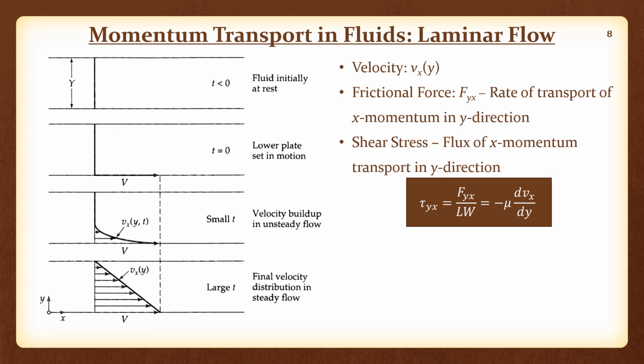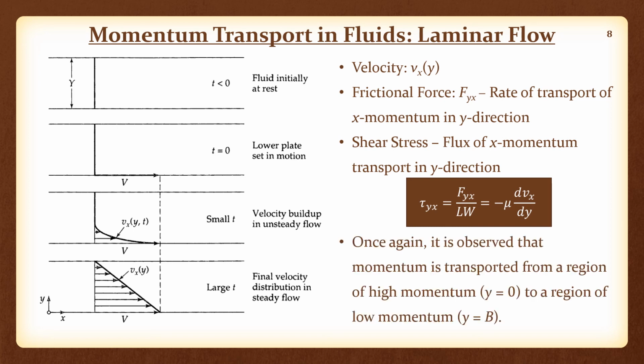That would be the velocity gradient, and the proportionality constant between the molecular momentum flux in the y direction and the rate of change of x momentum in the y direction would be the coefficient of viscosity. Once again, momentum is transported from a region of high momentum to a region of low momentum. The region of high momentum is the bottom surface, where y equals 0, and the region of low momentum is the top surface, where y equals capital B.